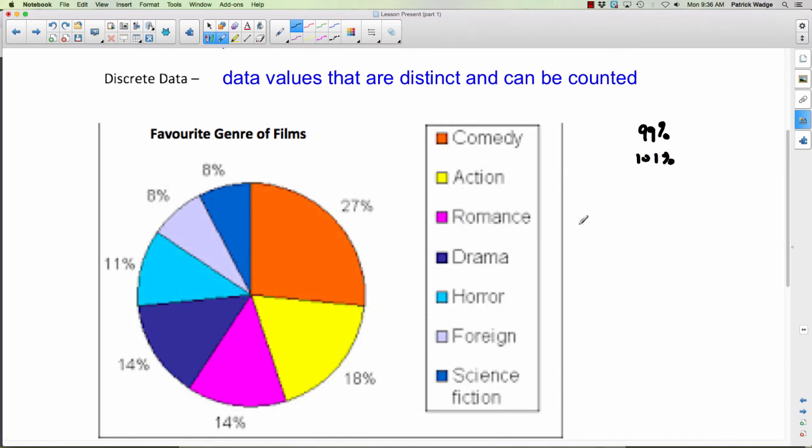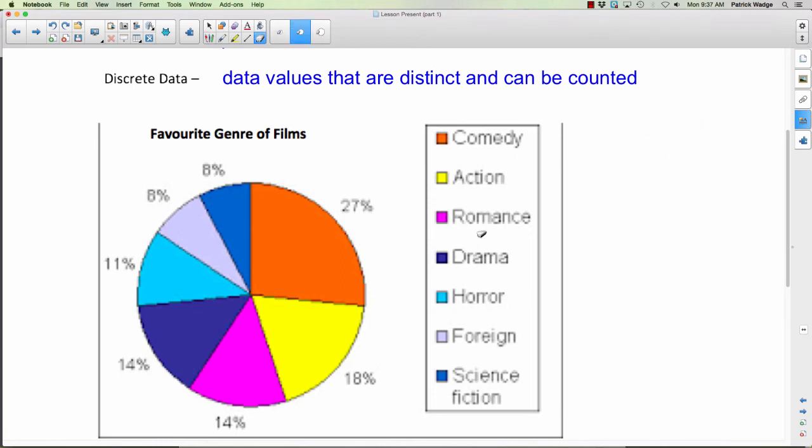Why would that be? How could you get between 99 and 101? Depends with rounding, right? If you're rounding them all to whole numbers, it's possible that you've rounded down a bunch of times and so it only ends up at 99, or it's possible you round up a bunch of times and it ends up at 101. But if you went to a couple decimal points, it'll always end up at 100%. Always, always, always, unless you've done something incorrect.